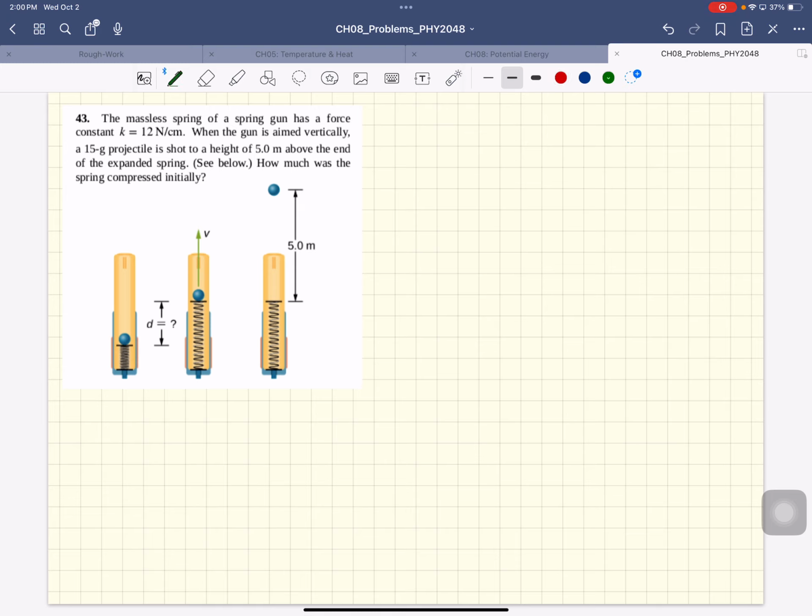Okay, so let's put it in appropriate units. 12 newtons per centimeter, and we'll convert that to meters. So 12 newtons per 10 to the minus 2 meters, so 1200 newtons per meter.